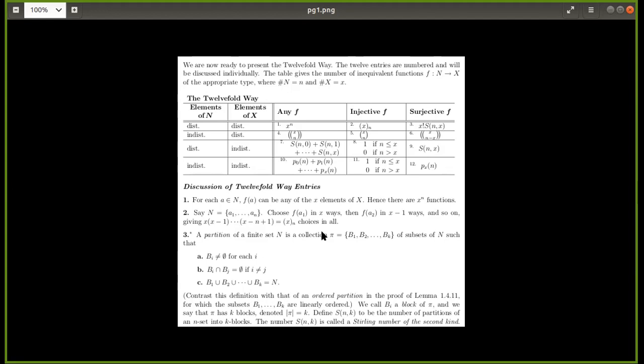Keeping that notation intact in our head, we can generalize our partition of a number to partition of a finite set as a collection pi of k blocks b1, b2, bk of subsets of n such that each of these blocks is non-empty. We throw away the redundant ones.